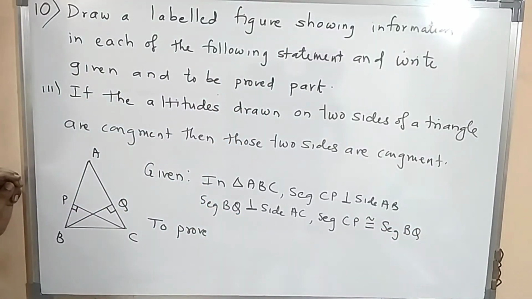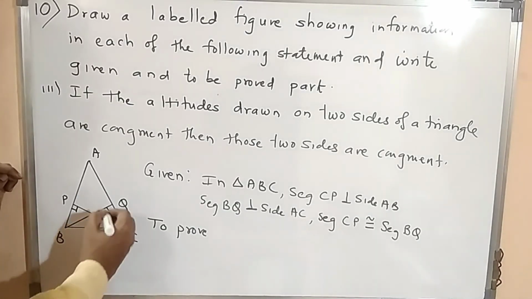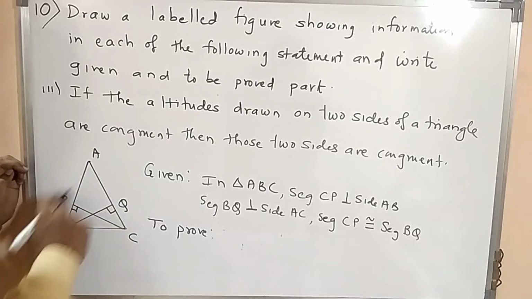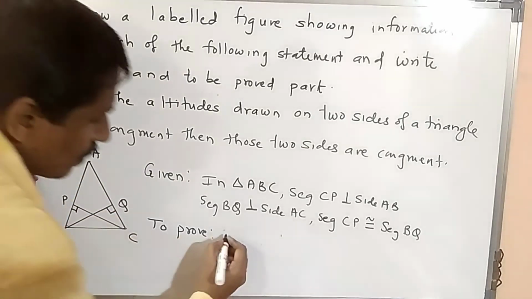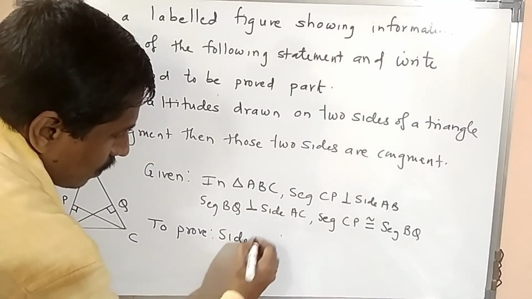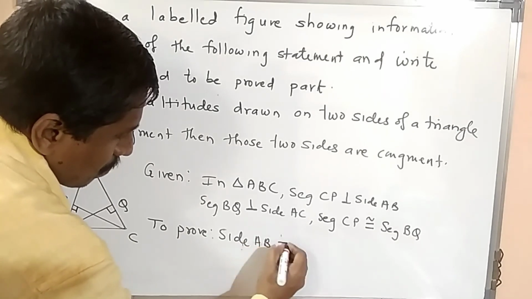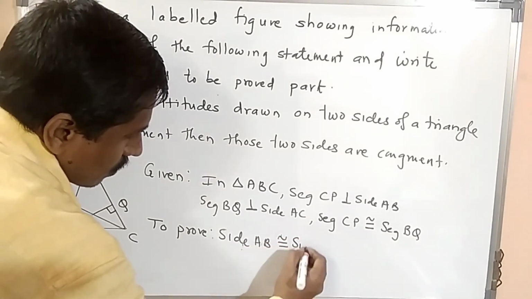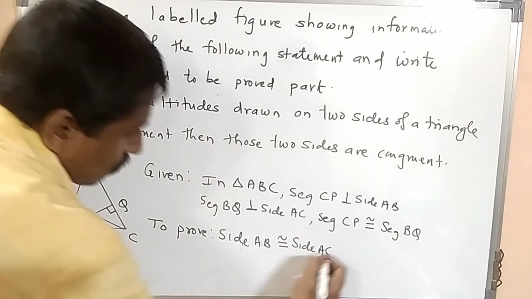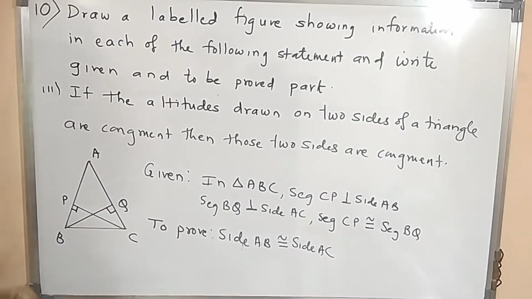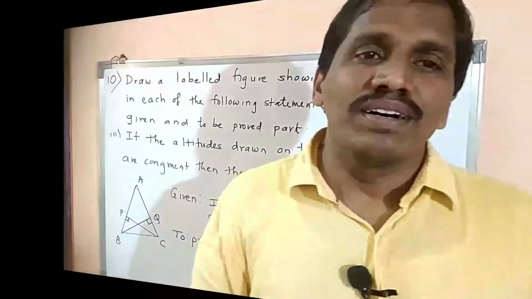Then what will I get? I will get side AB is congruent to side AC. It means that the triangle is an isosceles triangle.